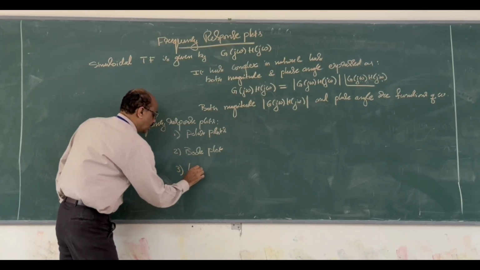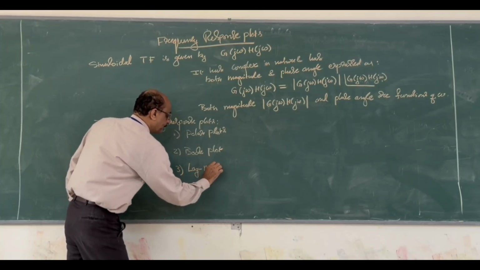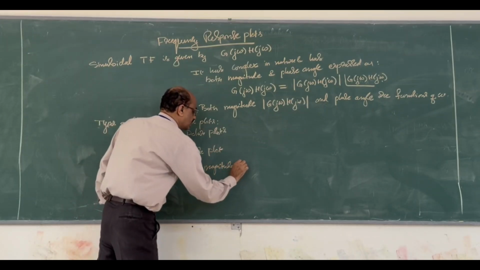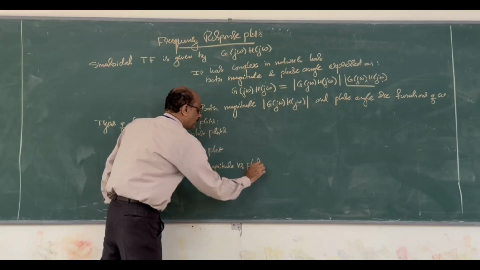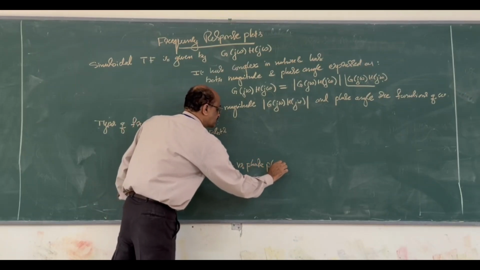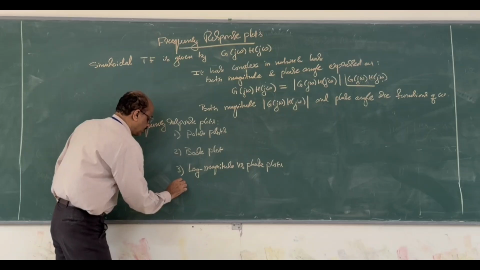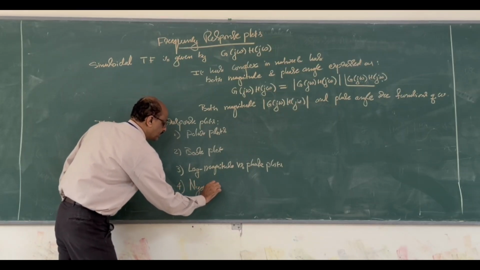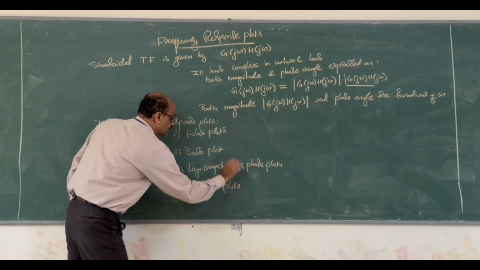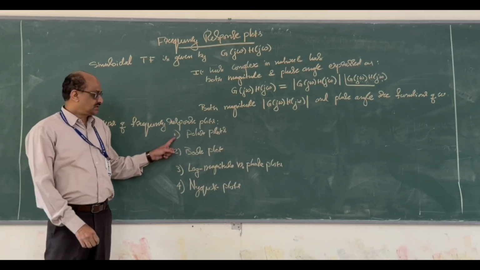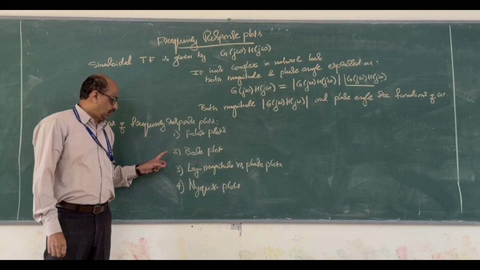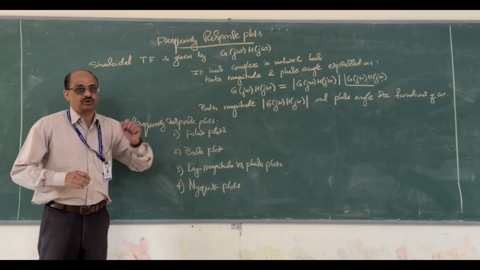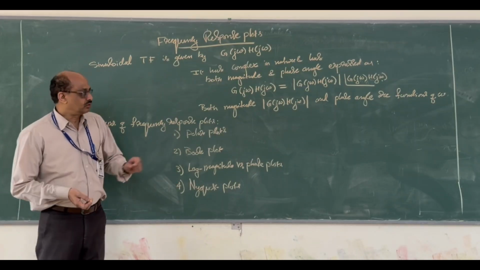Three, log magnitude versus phase plots. Four, Nyquist plot. Polar plots, Bode plot, log magnitude versus phase plot, Nyquist plot. So all are what we have.